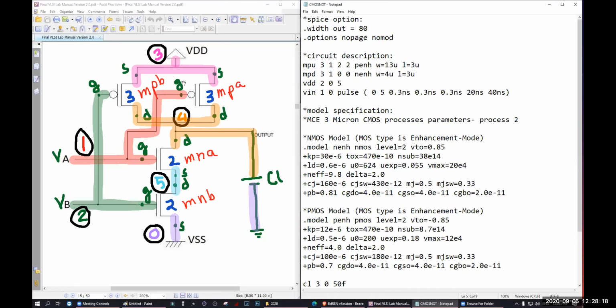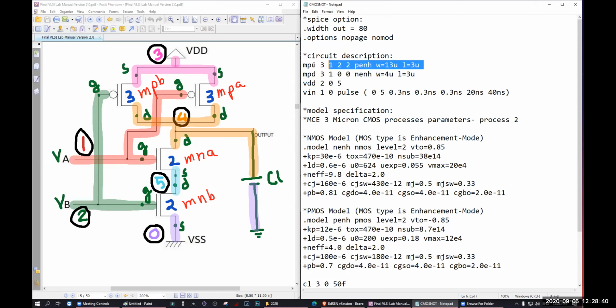At first, how many MOSFETs do we have? How many P MOSFETs do I have? 2. It's MPA and MPB, right? Yes, sir. How many N MOSFETs do we have? 2.